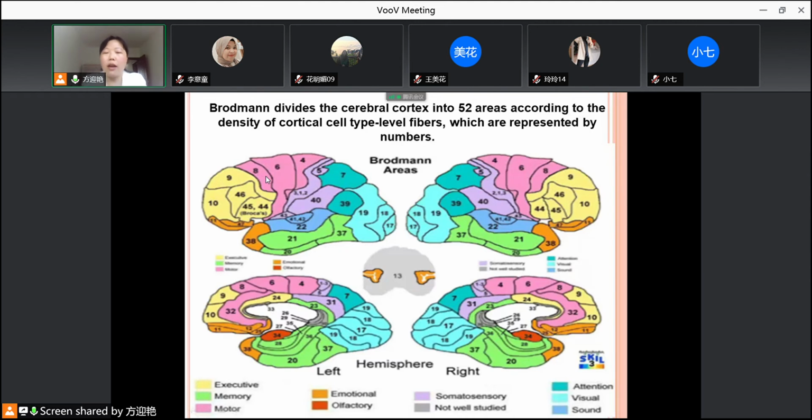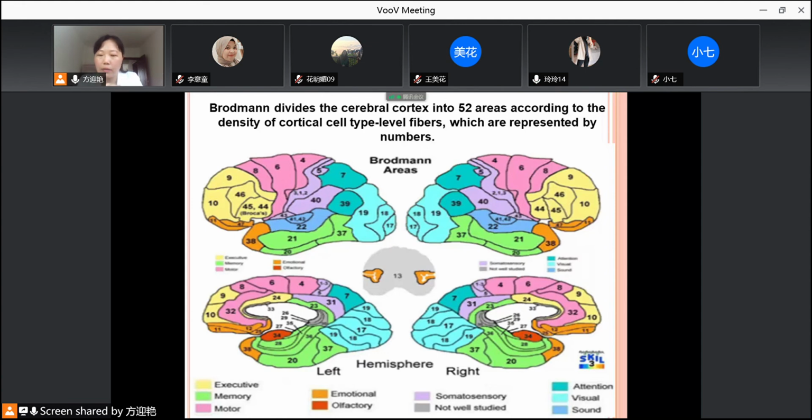So there are these areas. This is the left, this is the right, and the total cerebral cortex can be classified into 52 areas.